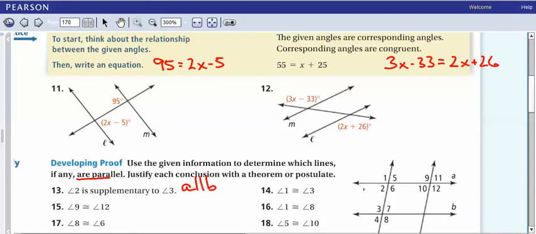Okay? If 1 is congruent to 3, what do you know? Which lines are parallel? A and B. Why? Corresponding angles theorem. Okay? And you just keep working through there. You look at the information given, try to determine which lines are parallel, and then justify why.